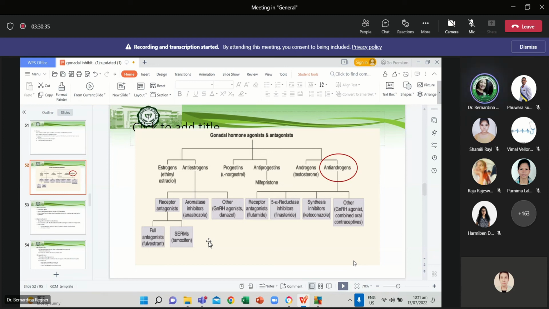So what is it? Okay, estrogen antagonist under what terms? If we do a matching type or multiple choice for this, it's very easy for you to fall into a trap.